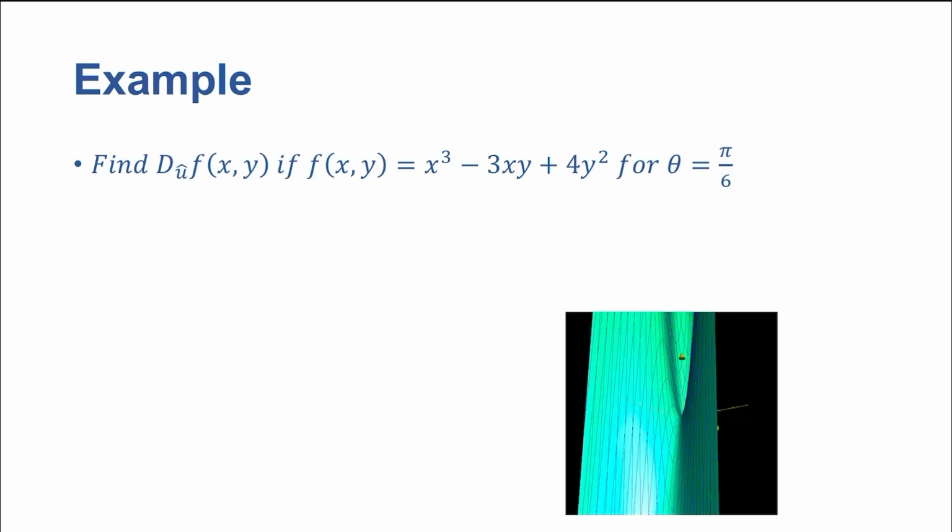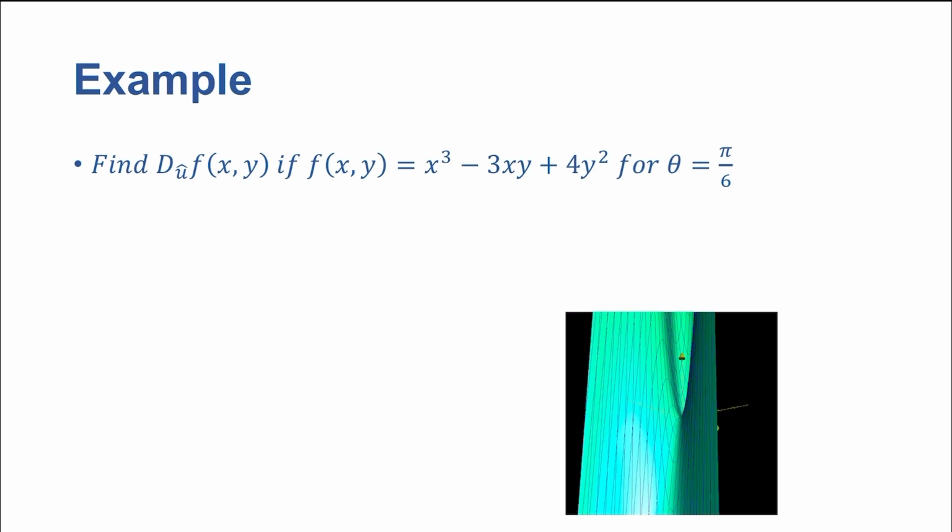Okay, so why don't we try an example with this? So this graph down here is the function whose directional derivative we're trying to find in a specific case. Find the directional derivative in the direction of u for f of x, y, if f of x, y is equal to x cubed minus 3xy plus 4y squared, for theta equals pi over 6.